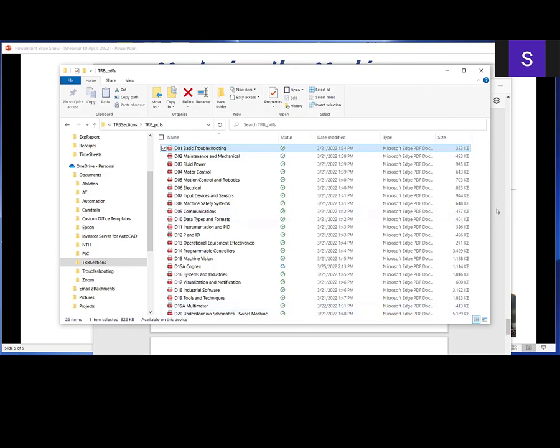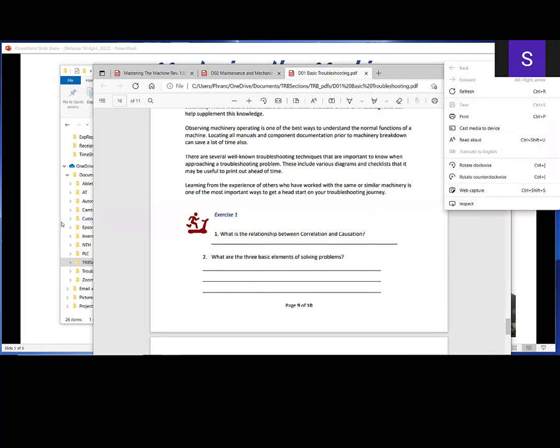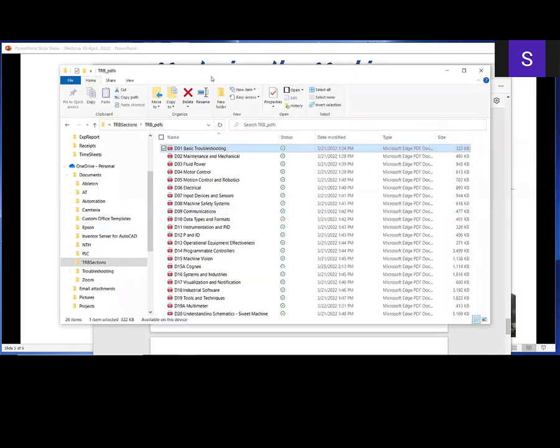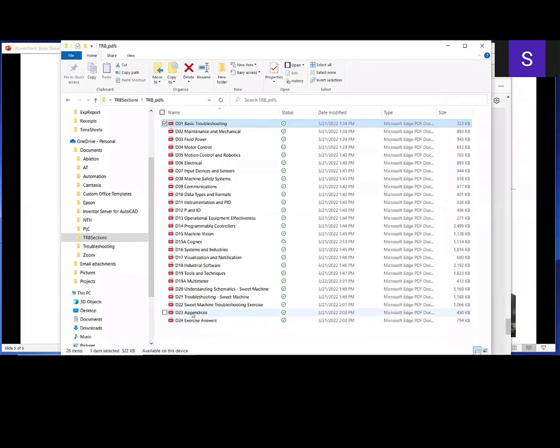Where is my scroll bar? You'll just have to expand it out here. We'll just drag it down. There we go. Appendices, right? Appendices out of the book, and exercise answers. So these are the documents that are available for download in the Automation Academy.